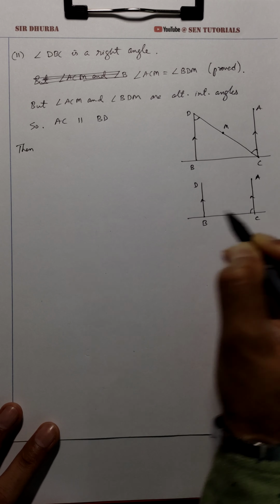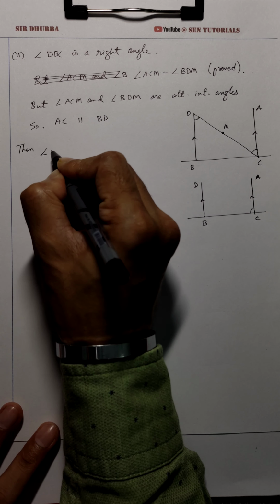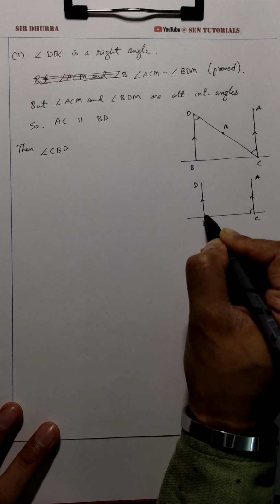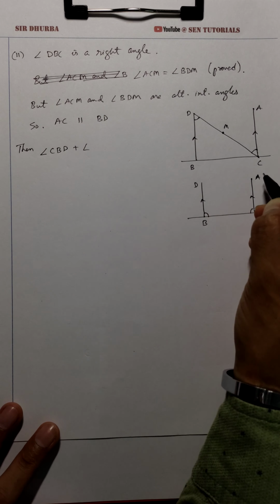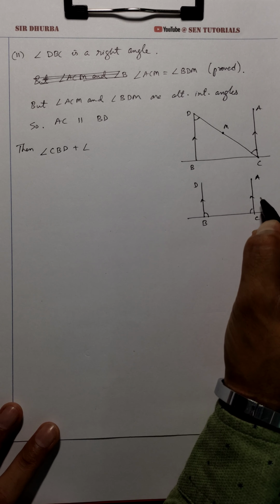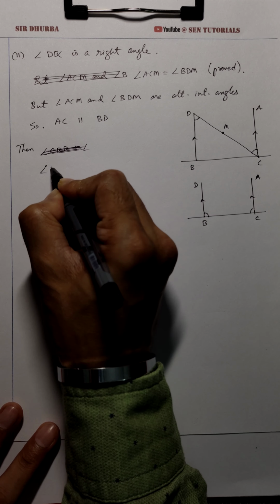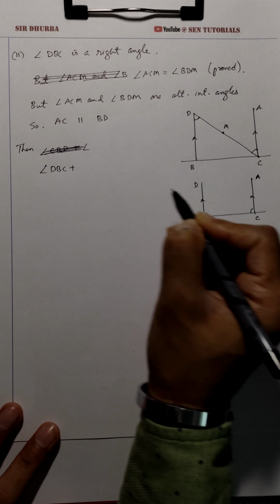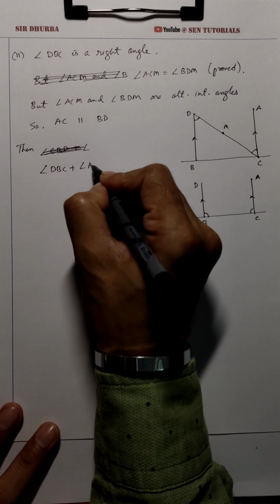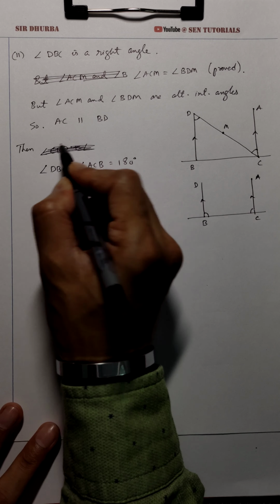So in that case, angle DBC plus angle ACB is equal to 180 degrees. We have to use DBC so that it doesn't create any confusion. Now what will be the reason for that?